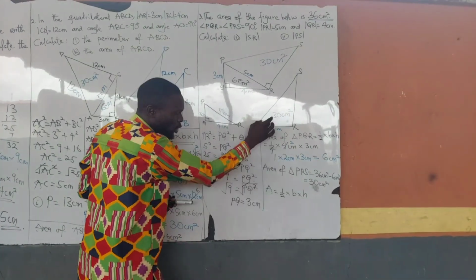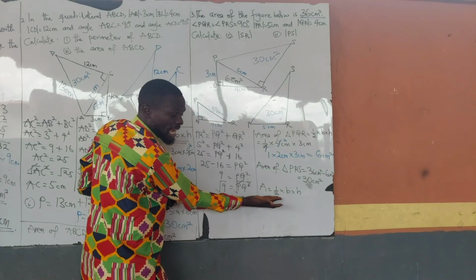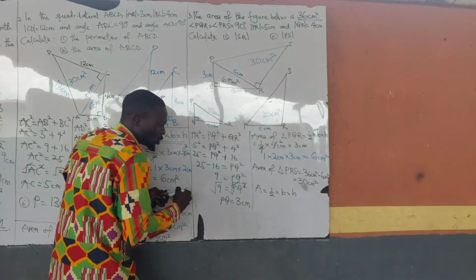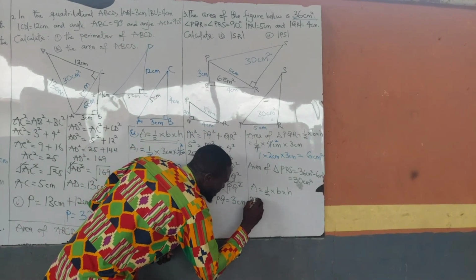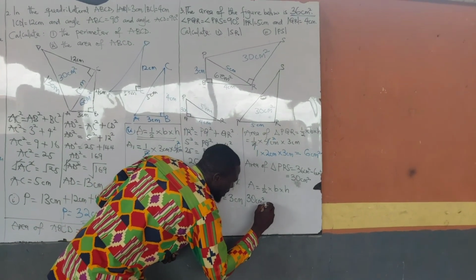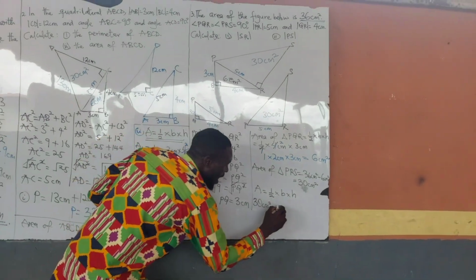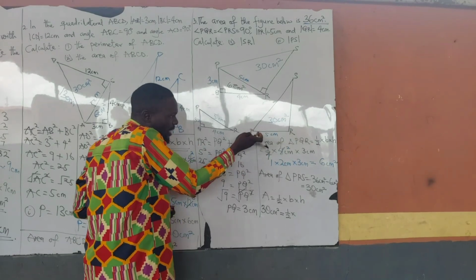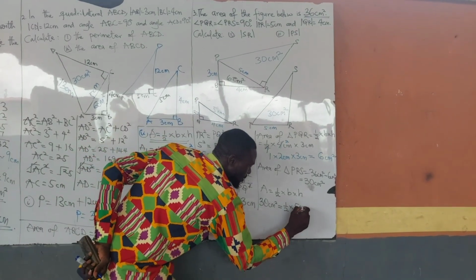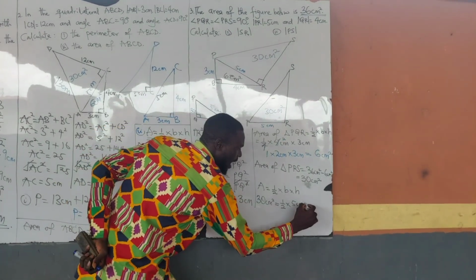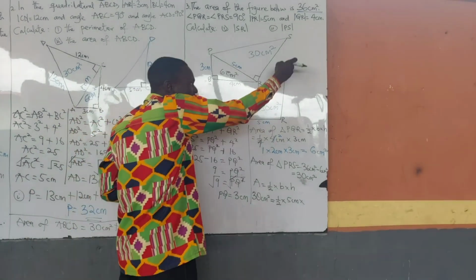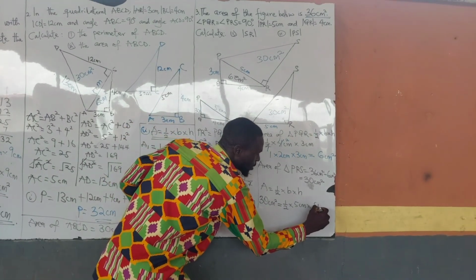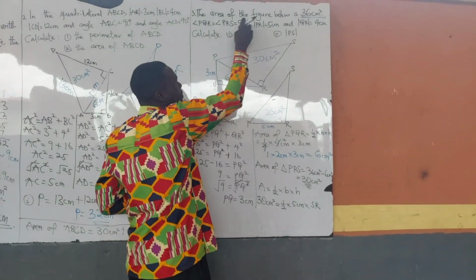Now put this in your equation. Assume you are finding the area of this triangle. The area is 30 centimeters squared. So this is going to give you 30 centimeters squared, which is equal to half times base. What is the base? The base is 5 centimeters times height. What is the height of this triangle? The height of this triangle is SR, which happens to be what you have been asked to calculate.